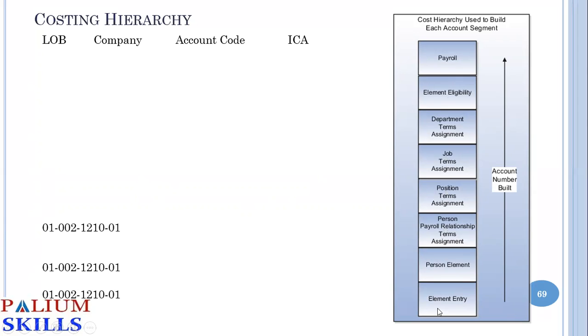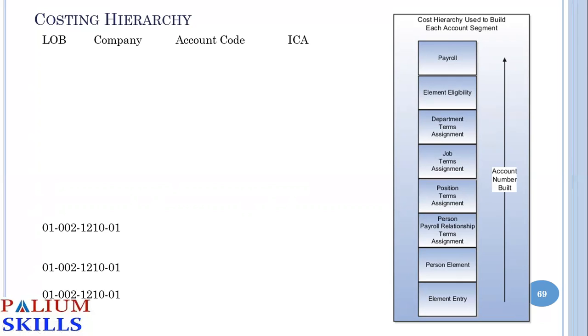Earlier versions of the EBS did not have 8. It had 5 levels. From 5, they have now extended it to 8.